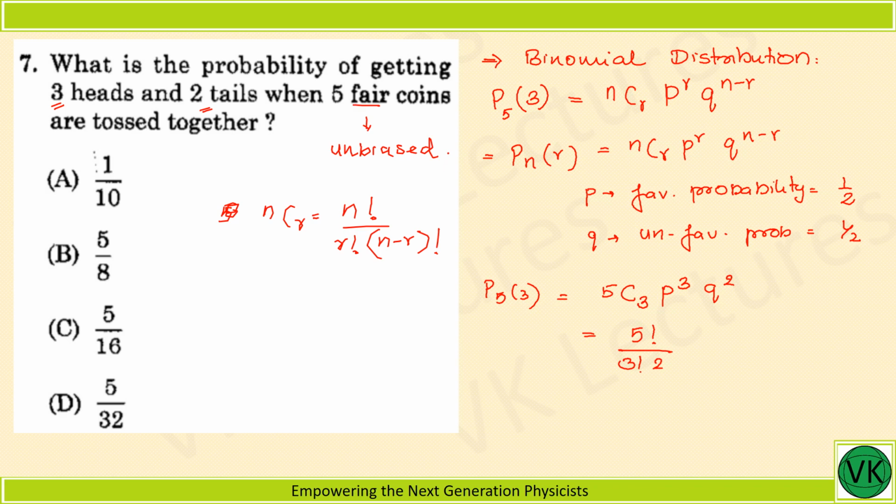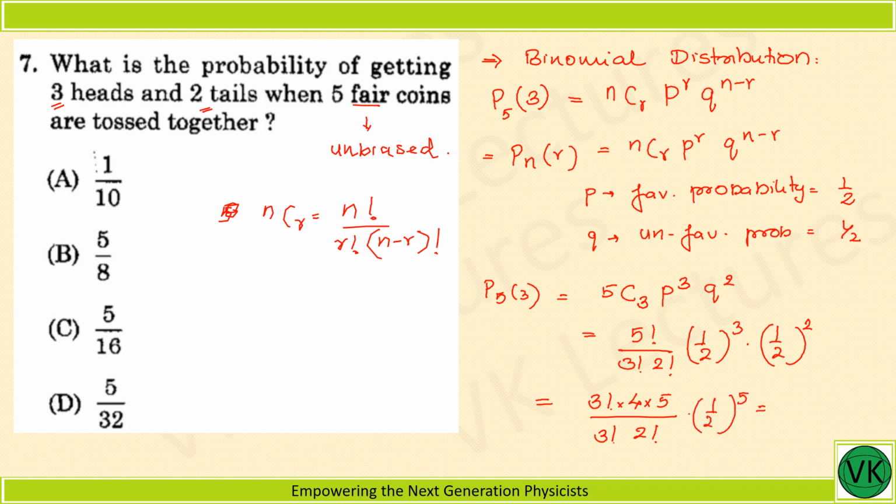So 5 factorial by 3 factorial into 2 factorial, into 1 by 2 whole to the power 3 times 1 by 2 whole to the power 2. So this gives us 5 factorial as 3 factorial into 4 into 5, divided by 3 factorial into 2 factorial, times 1 by 2 to the power 5.